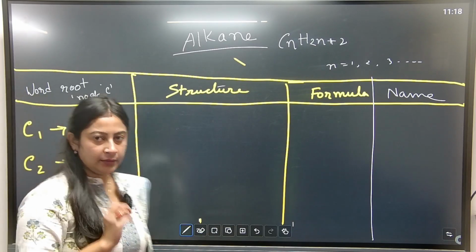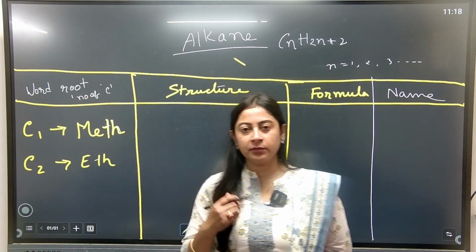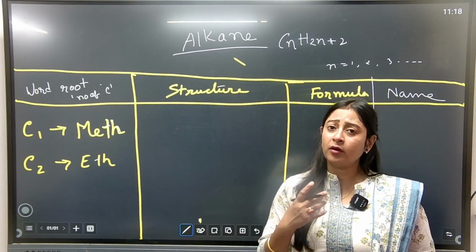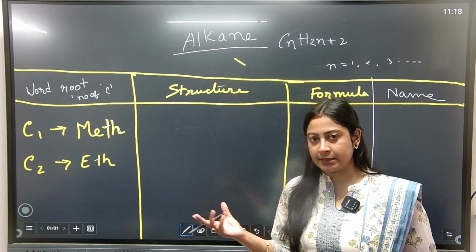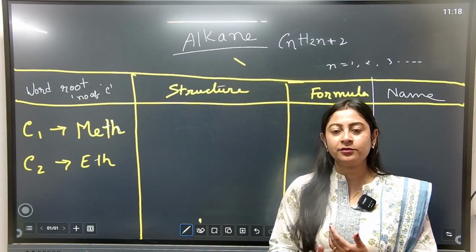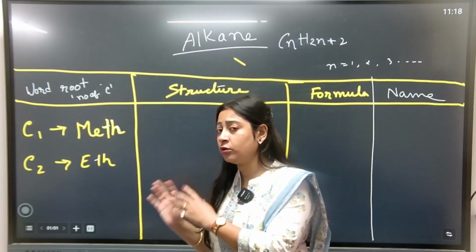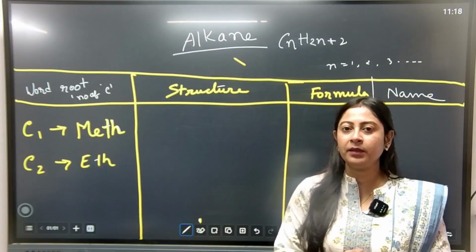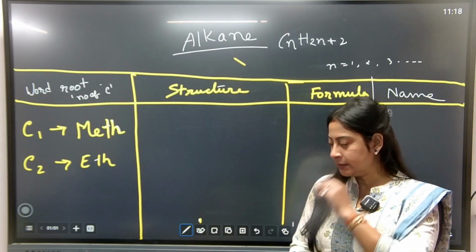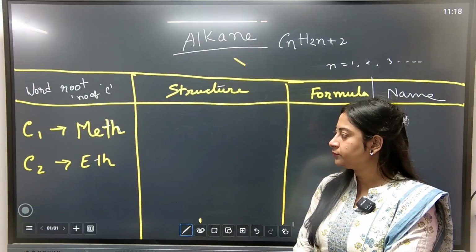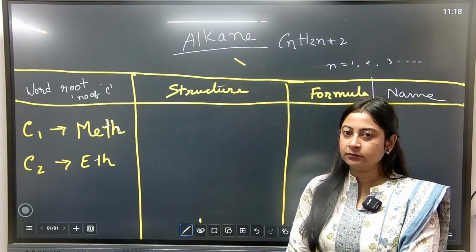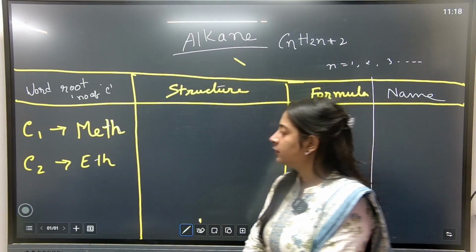So if you are learning today then you have to remember these things, and if you have already learned these things in your class 10 standard then you need to give a revision because these things are very important. You have to know the word root first. किसी भी organic compound का naming हो, IUPAC हो, पहले सीखना पड़ेगा how to do it in a systematic manner.